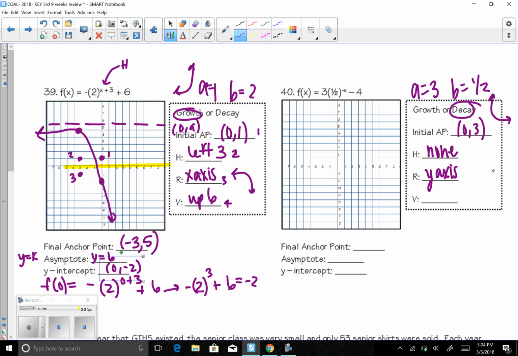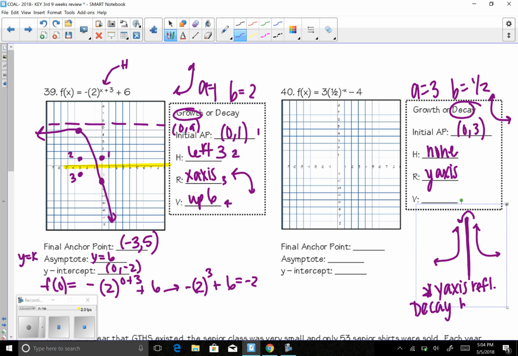y-axis. So the y-axis, if you guys remember, if this is my y-axis here, if this graph was doing this, when it flips over that y-axis, it's going to do this. So the y-axis reflection is going to make my decay become growth, actually.